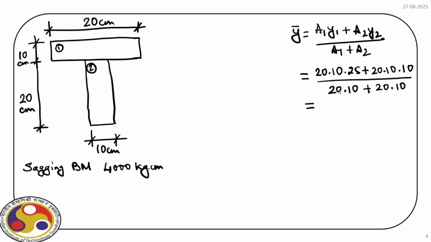And then the CG is at 17.5 centimeter from the base. So it is here, and from the base this distance is 17.5.